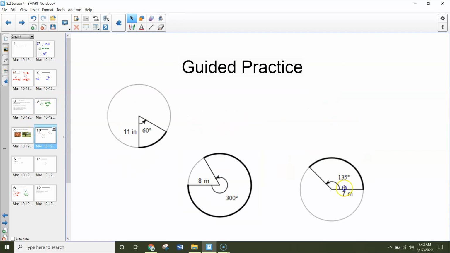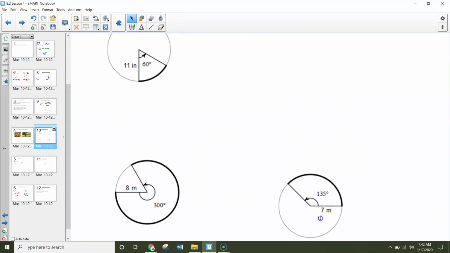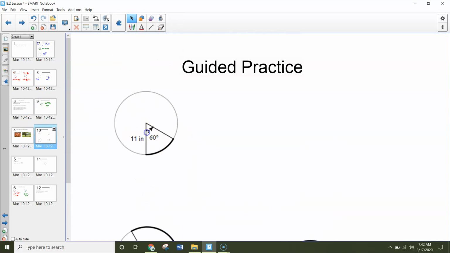Okay. Go ahead and copy this first one in your notebooks and then press play once you're ready. Okay, so my formula, pi. And then which one is my radius? Is it the 11 or is it the 60? Right, it's the 11 because it doesn't have the degree sign after it.